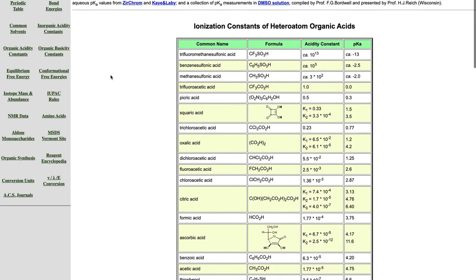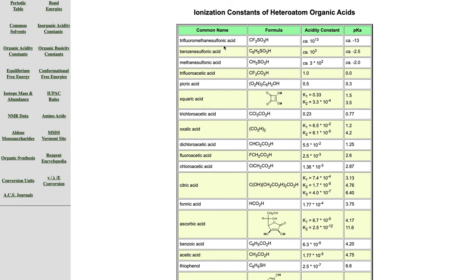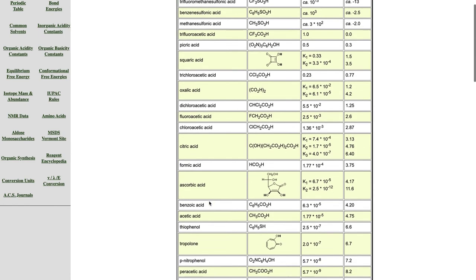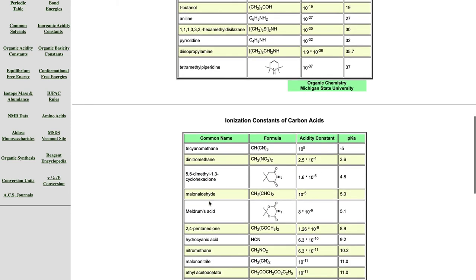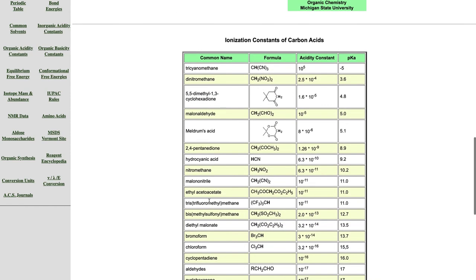The way he organizes these is by order of acidity. So we get less and less acidic as we go through here. We start with the strongest acids at the top and work our way down to the weaker acids. Now this table, as is the other one, is limited in terms of how many acids it includes. So you may not always find the one that you particularly want.